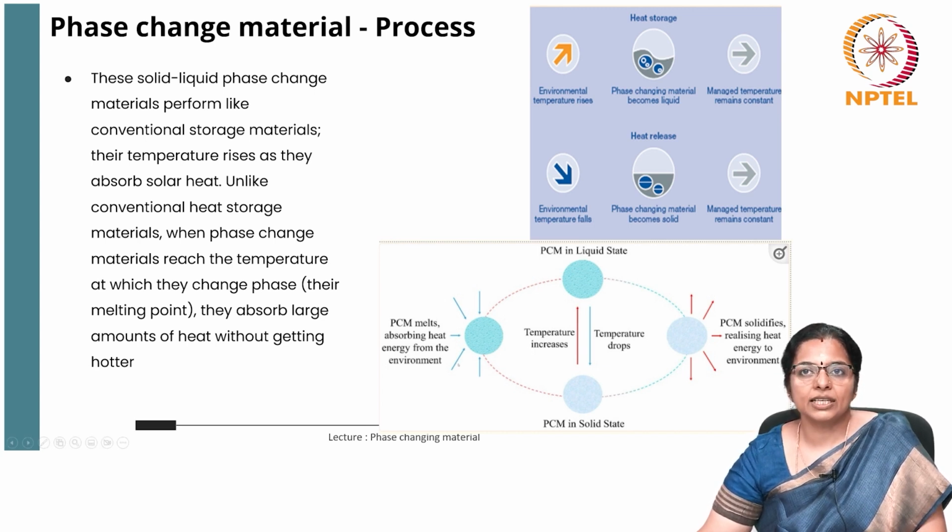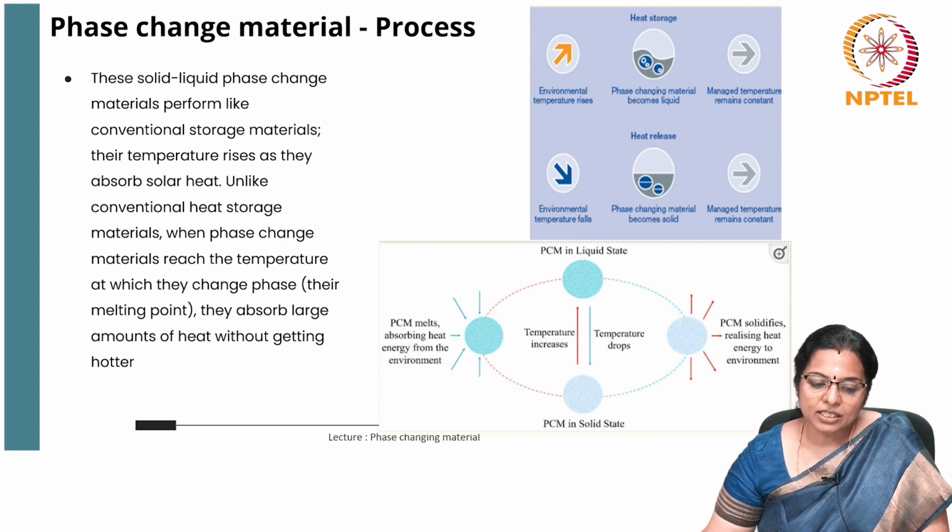Unlike conventional heat storage materials, when phase change materials reach the temperature at which they change phase, their melting point, they absorb large amounts of heat without getting hotter. When the ambient temperature in the space around the phase change material drops, the phase change material solidifies, releasing its stored latent heat.